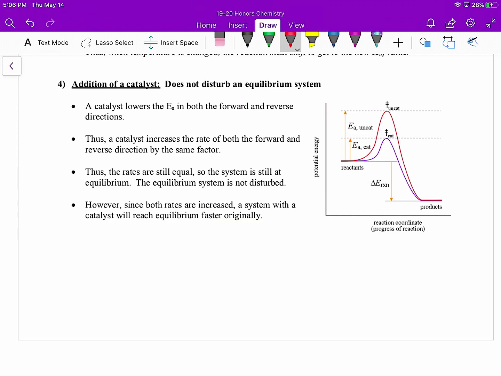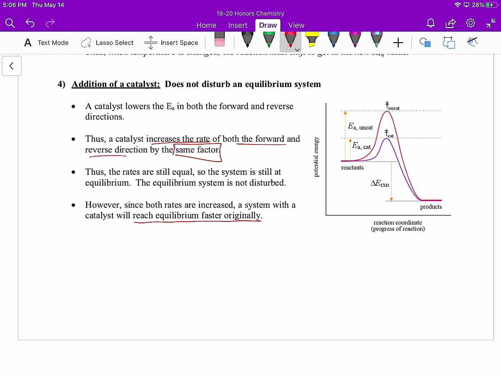It increases the rate of both the forward and reverse reactions by the same factor. So it doesn't change where the equilibrium is. The only difference is that you reach the equilibrium faster than you would have originally, right? Because both activation energies go down, both reactions get faster, so you get to an equilibrium state faster, but it doesn't shift to the left or to the right.